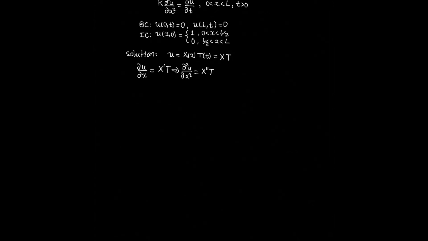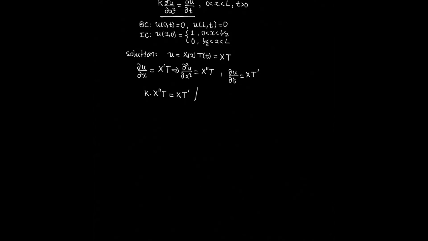Then we also have the derivative for time, which is X times T prime. Now I have to substitute into the original equation. So I'm going to have k times X double prime T equal to X T prime.